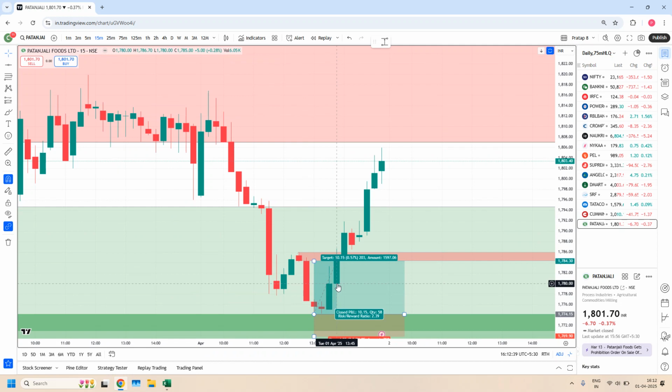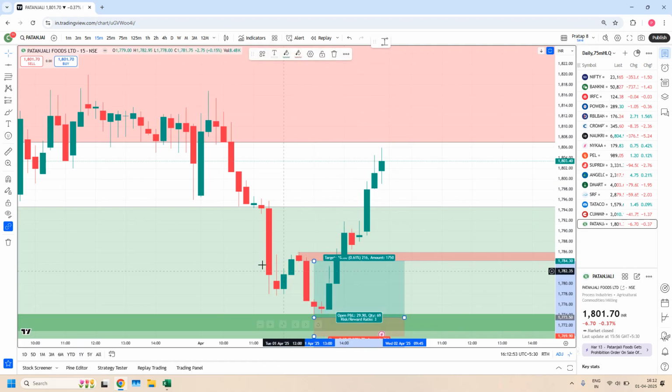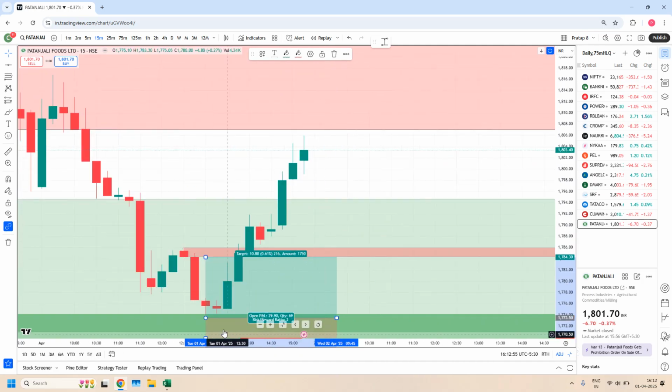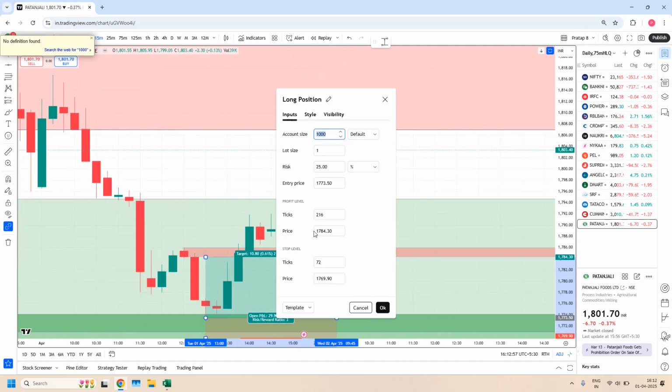Okay, to get the 1:3 RR, what is the technique you can use? Fine-tune the entry until you get 1:3. So I'm going a little inside. Okay, if I take my trade here, what is the value here? 1773.50 paisa.